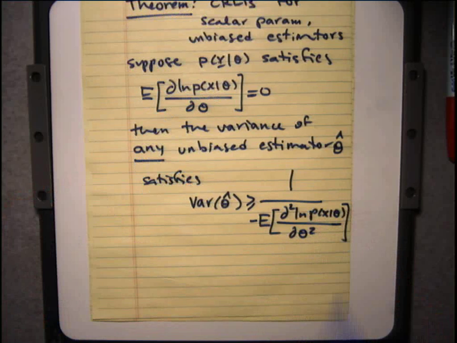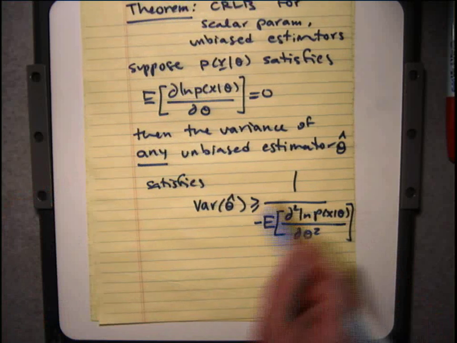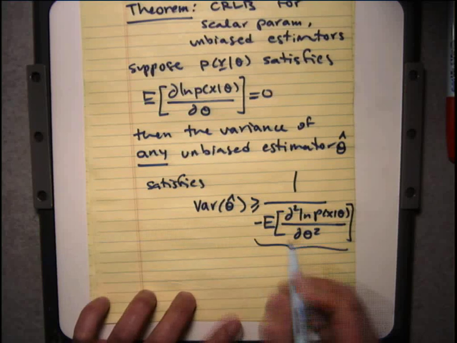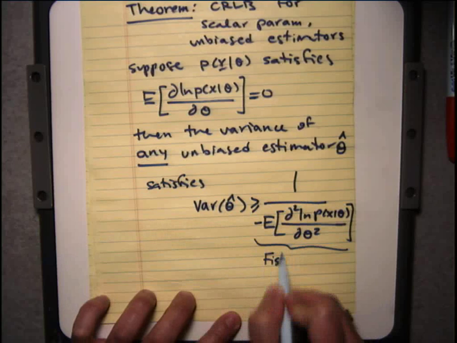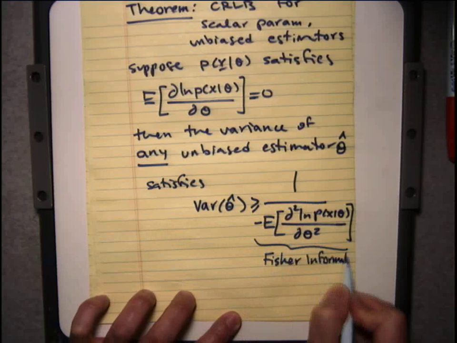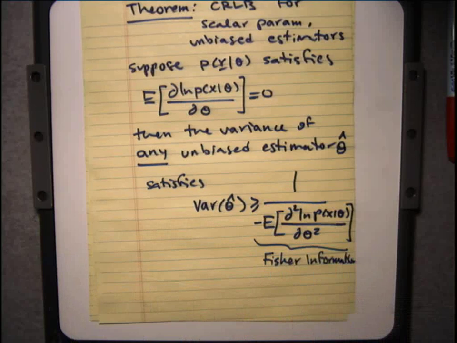This is what we called this sensitivity quantity, and it turns out this denominator here is called the Fisher information. And it's named after a very famous statistician called Fisher. Okay?